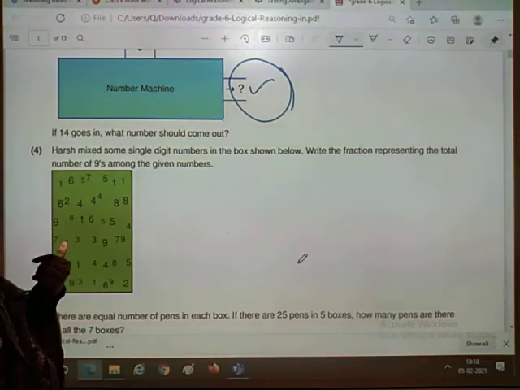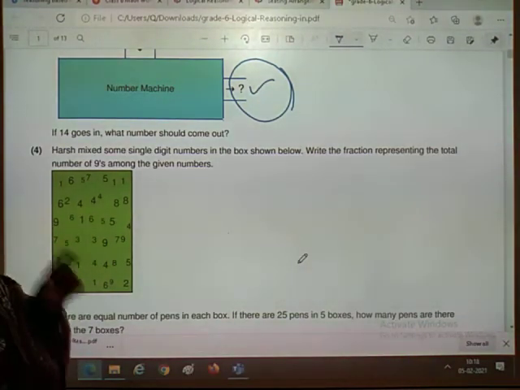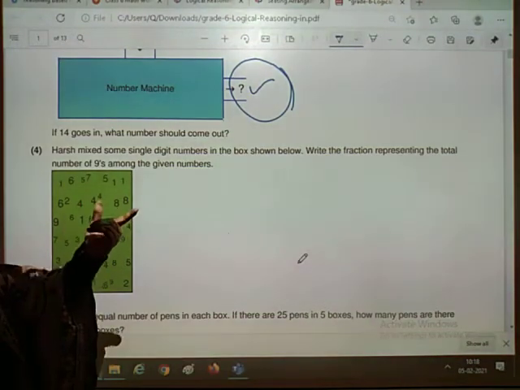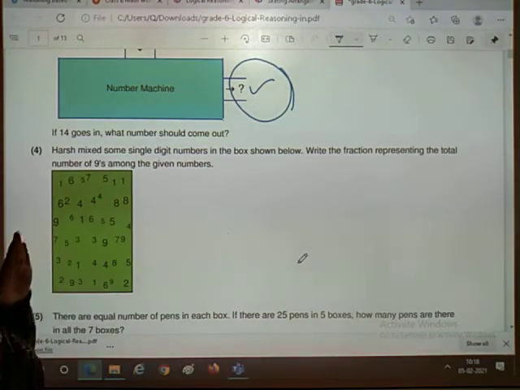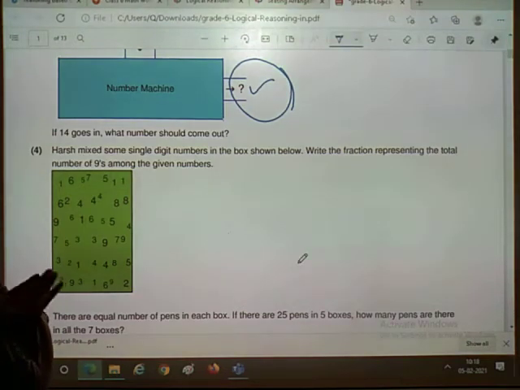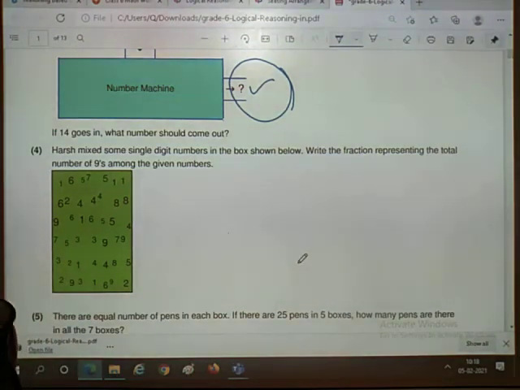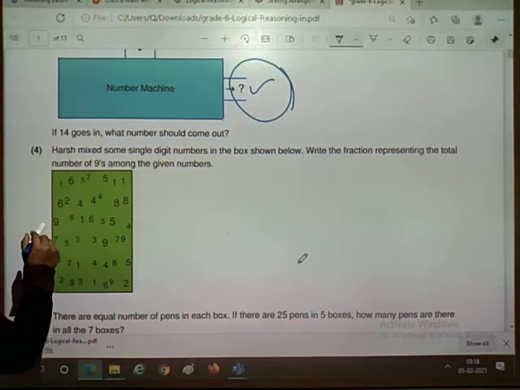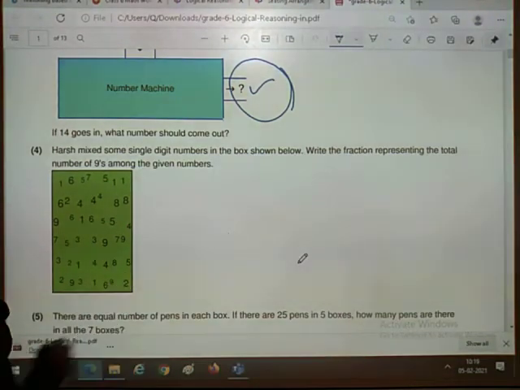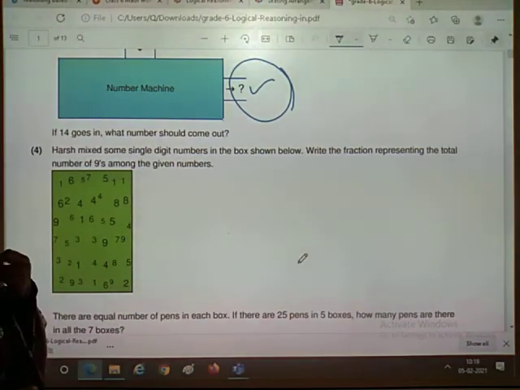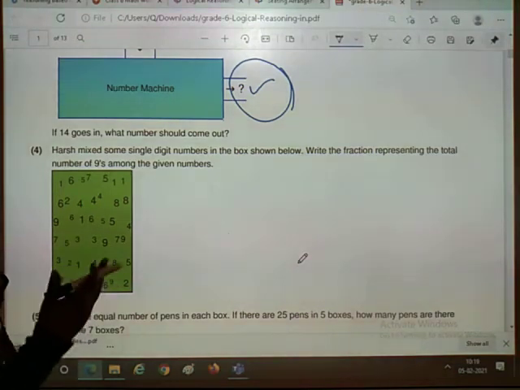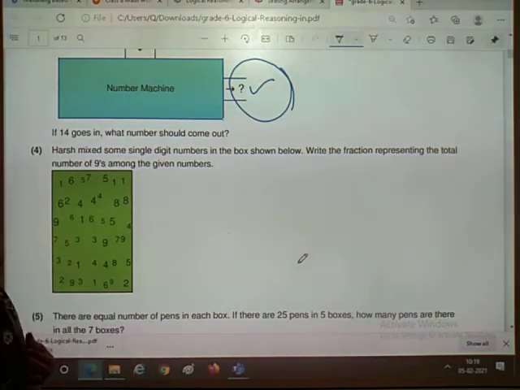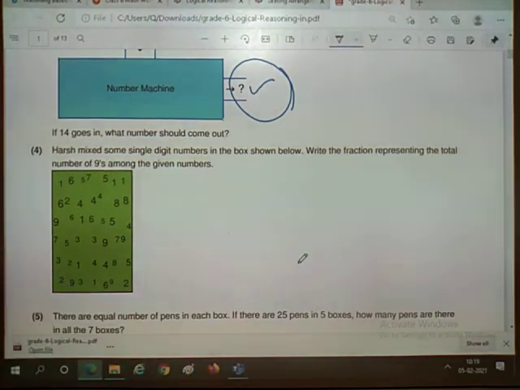Write the fraction representing the total number of nines. How many nines are there? You see that 1, 2, 3. You have to count it. You have to tell the fraction. It will be how many times the number 9 has come. Okay.